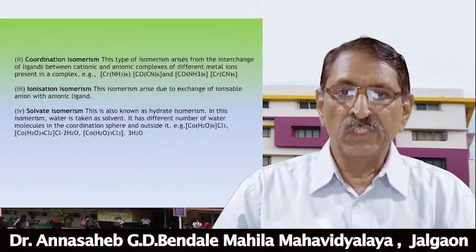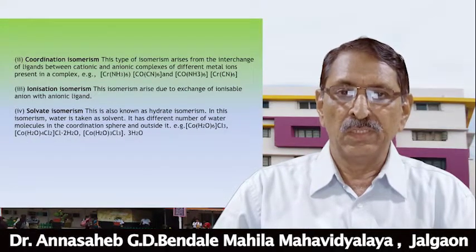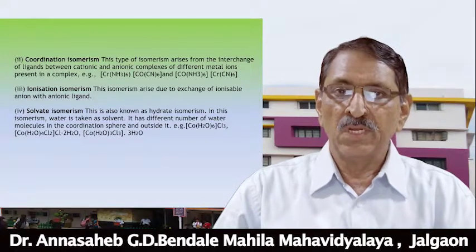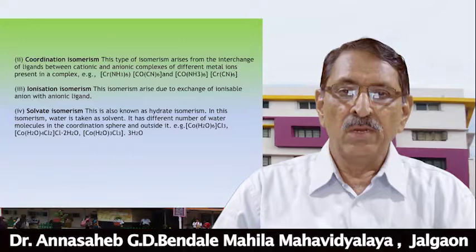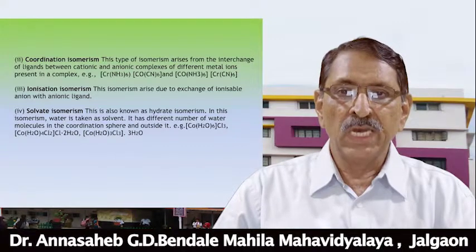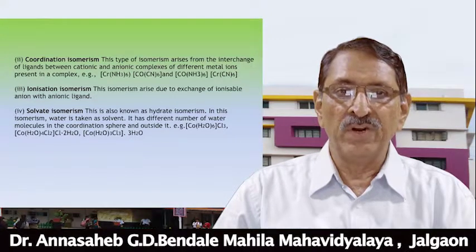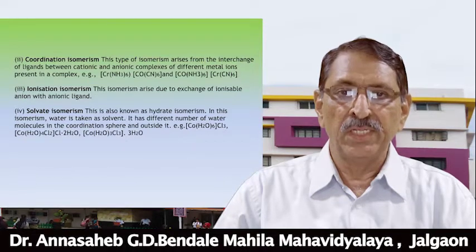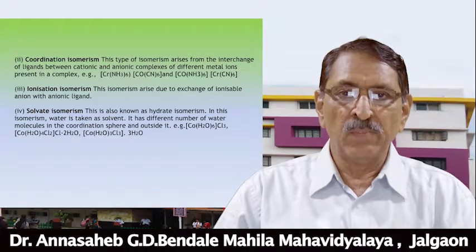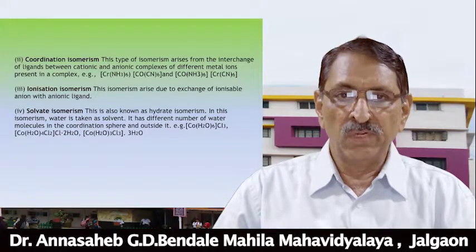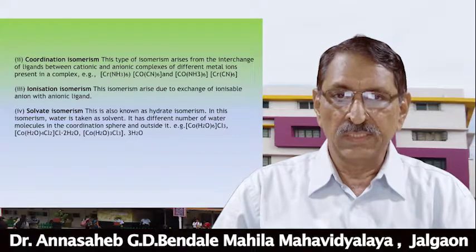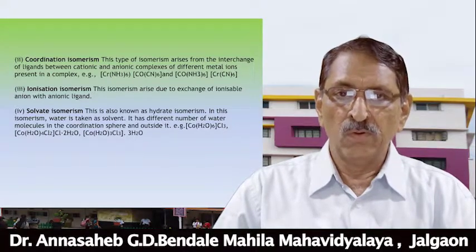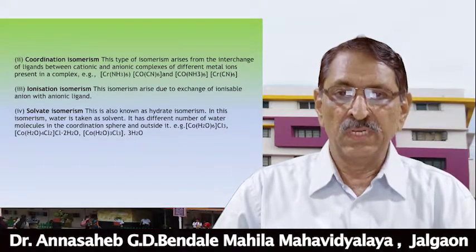Okay. Coordination isomerism is the next type of structural isomerism. This type of isomerism arises from the interchange of ligands between the cationic and anionic complexes of different metal ions present in a complex. Consider the example of the hexaammine chromium(III) complex as well as the hexacyano cobalt(III) complex ion, the minus 3 complex ion.